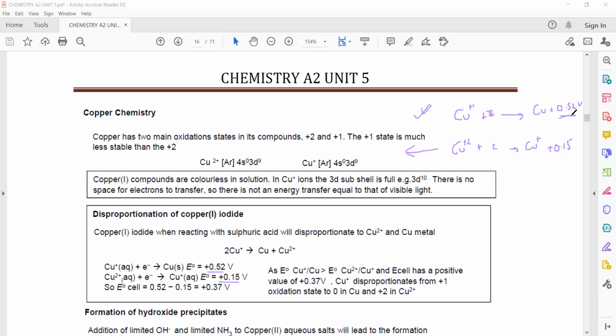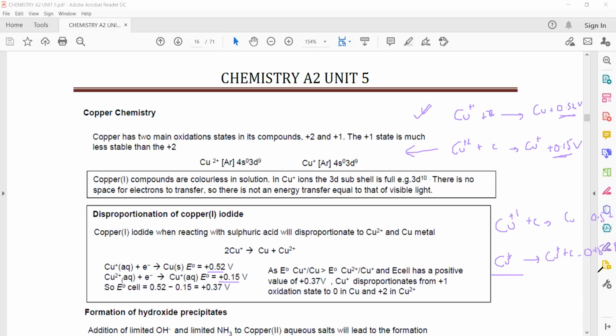Because this one has the high volts, 0.52, but for this one there are smaller volts. So what happens? If copper 1 gains an electron, it changes into copper, that's 0.52. And copper 1 loses an electron and changes to copper 2, the voltage will be 0.15, but negative.